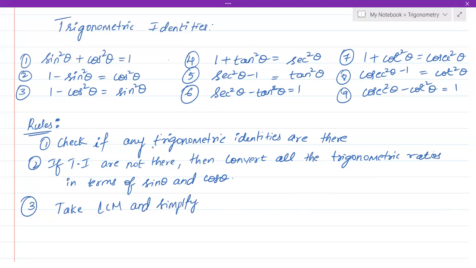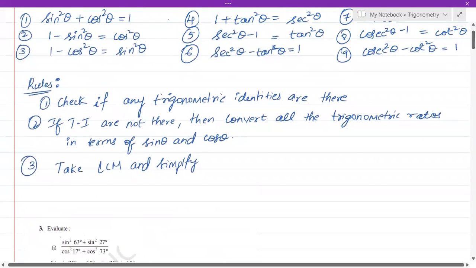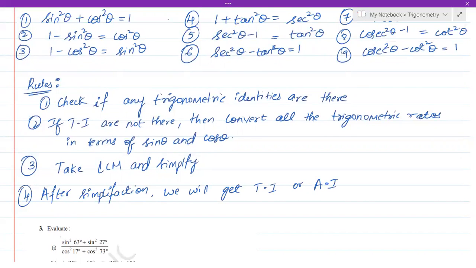Take LCM and simplify. Once you simplify it, definitely, after simplification, you're going to get some trigonometric identity or algebraic identity.